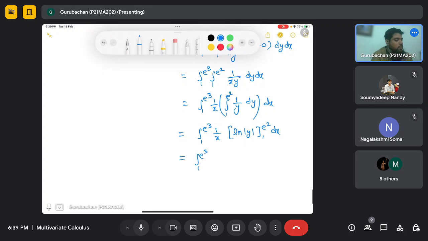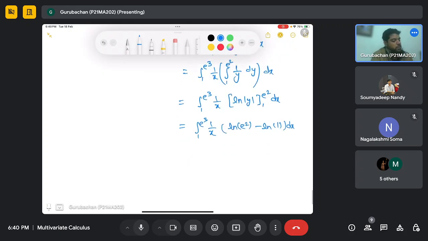This will give us 1 by x times ln e square minus ln 1 dx, which is from 1 to e cube, 1 by x times 2 ln e minus 0 dx, because ln x to the power n is n times ln x.